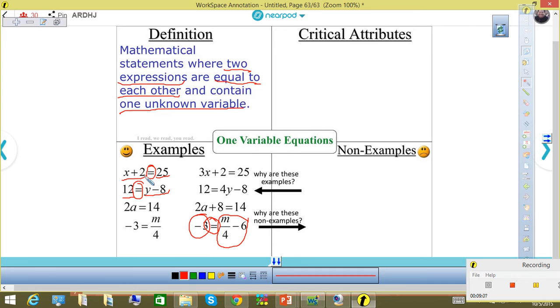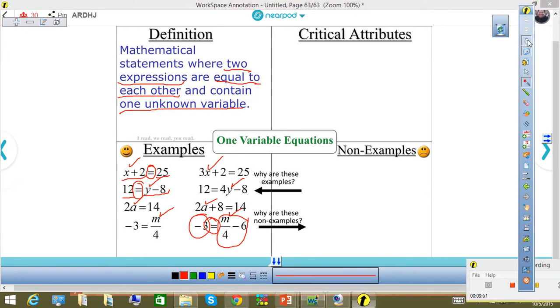Let's see. Look at this one. Does it have one unknown variable? Yes. This one? Yes, yes, yes, yes, yes, yes, and yes. So far, so good? So according to the definition, one variable equations have two expressions equal to each other. We saw that. And one unknown variable. We saw that. Are we clear on that?